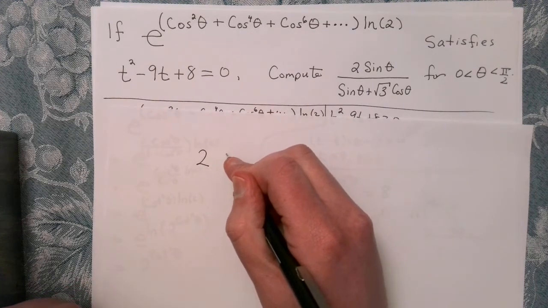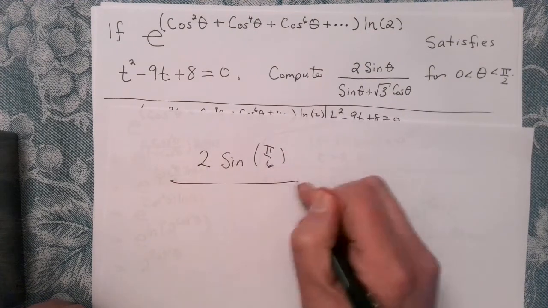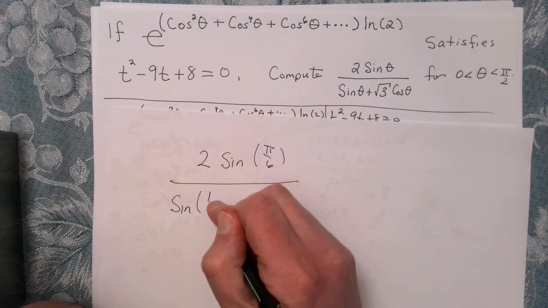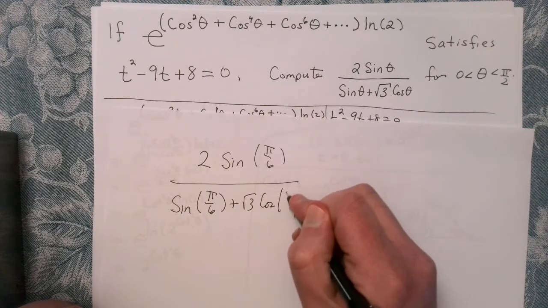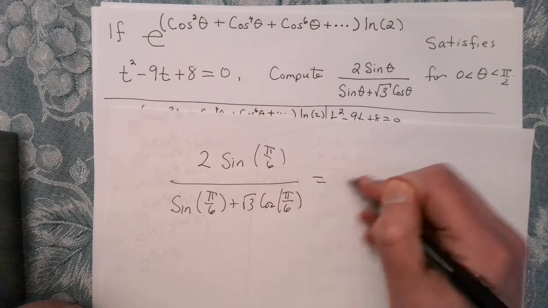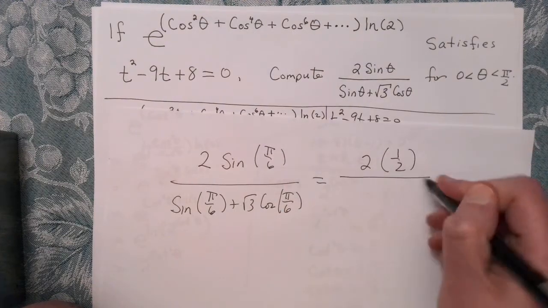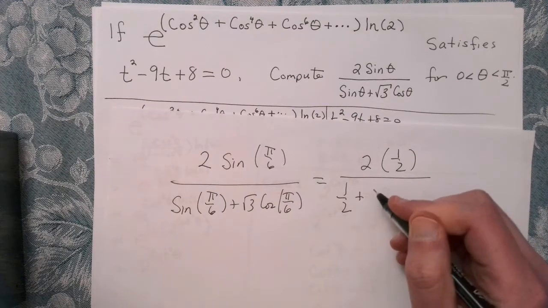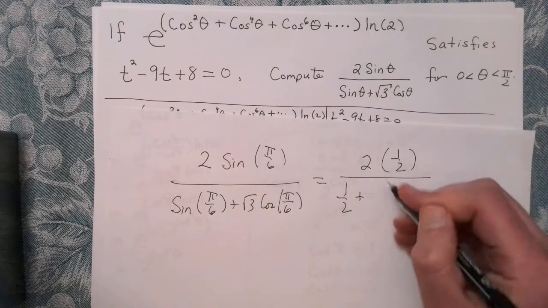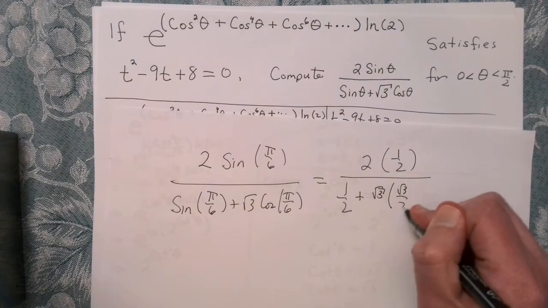We have 2 times the sine of pi over 6 over sine of pi over 6 plus 3 times the cosine of pi over 6. That's equal to 2 times, well, sine of pi over 6 is a half, right? So that's 2 times a half. Again, sine of pi over 6 is 1/2. And then cosine of pi over 6 is radical 3 over 2. So we've got radical 3 times radical 3 over 2.